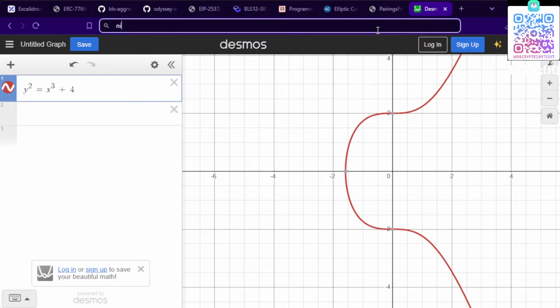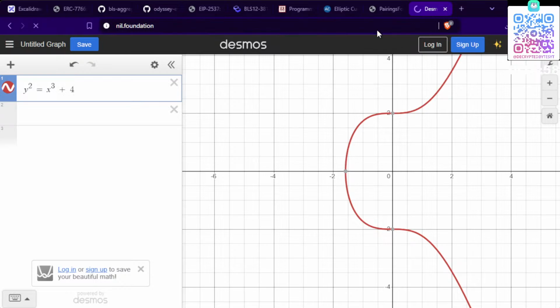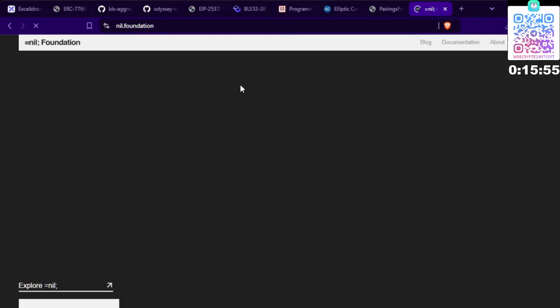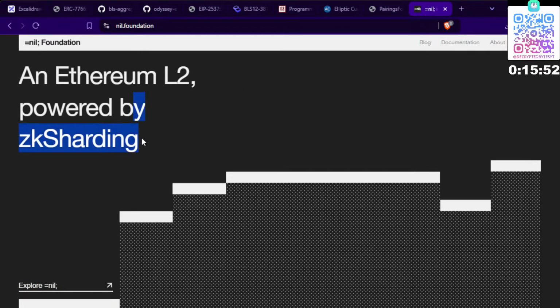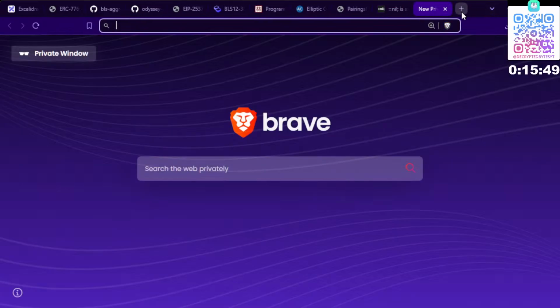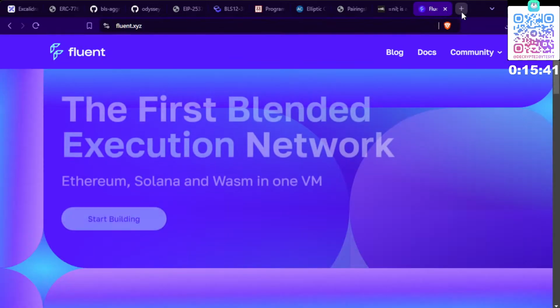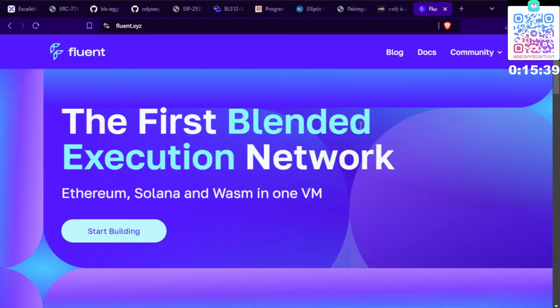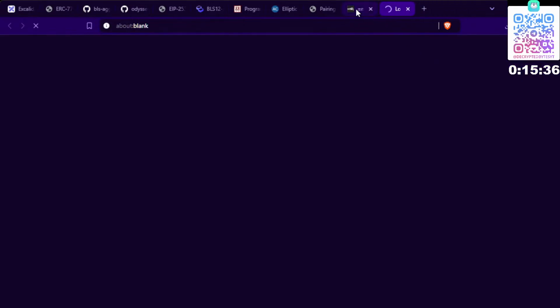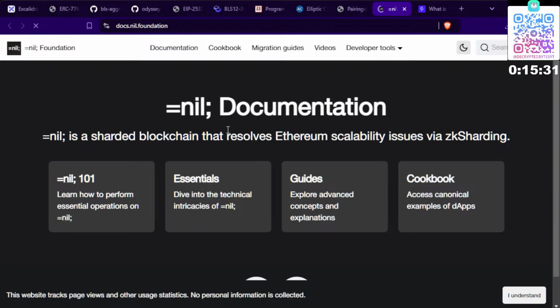Maybe Nil. I know Nil Foundation. Or I want to explore the other one, which is fluent.xyz docs. Both are great. Or what we can do is build a liquid staking application on Sei.